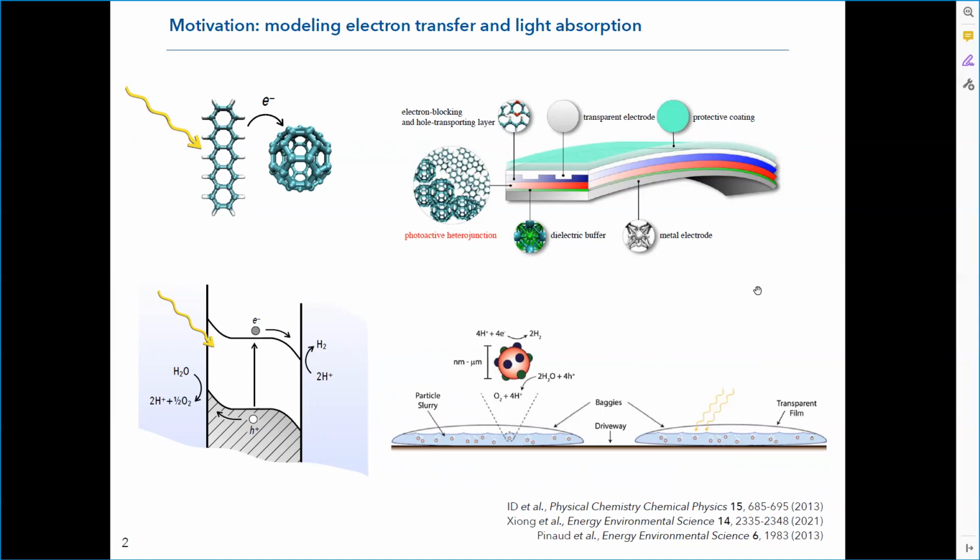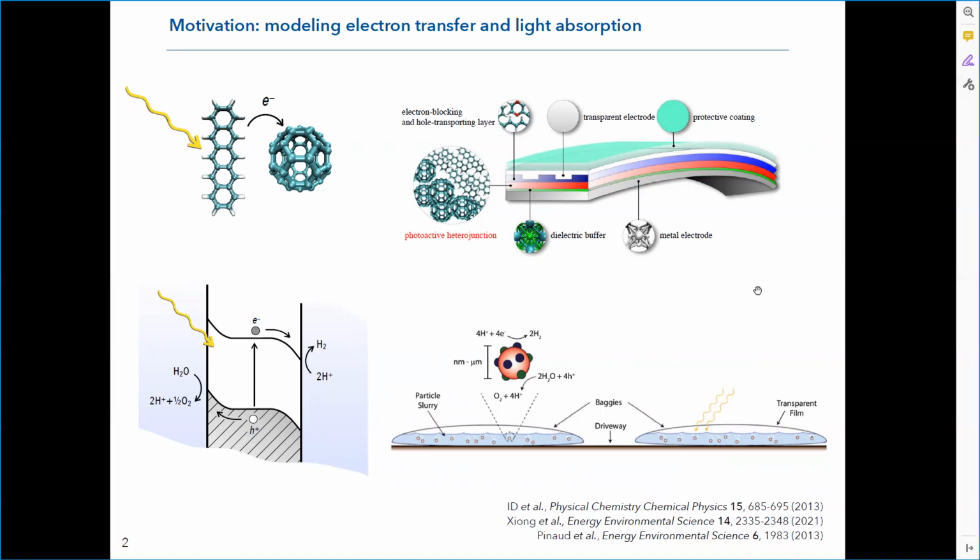In many areas of material science, we're interested in electron transfer, we're interested in understanding light absorption at materials or at interfaces. For example, here this is a photoactive heterojunction that is buried in organic solar cells.